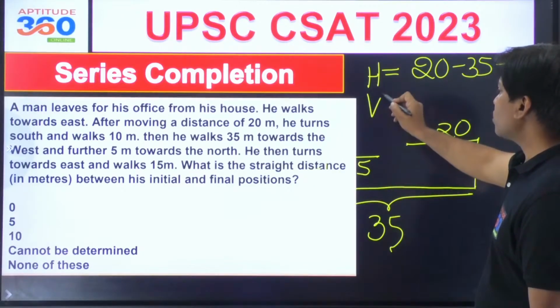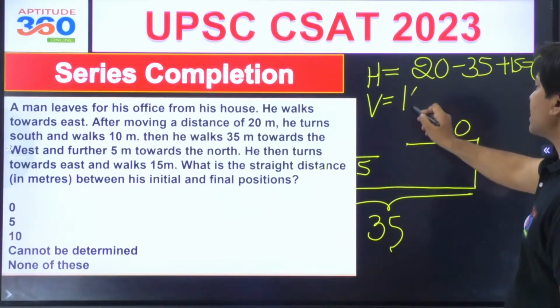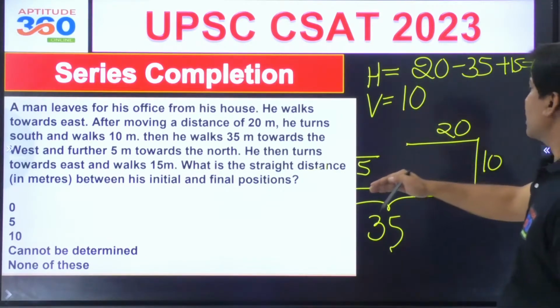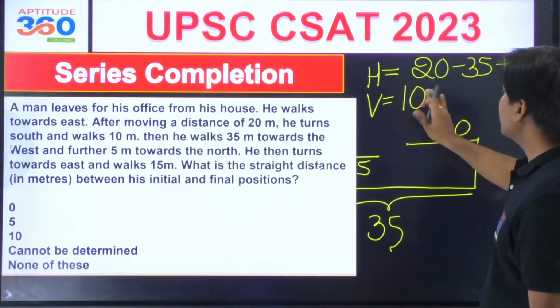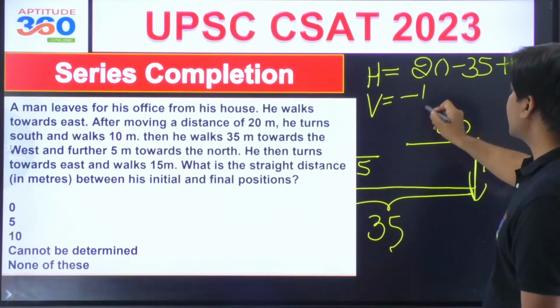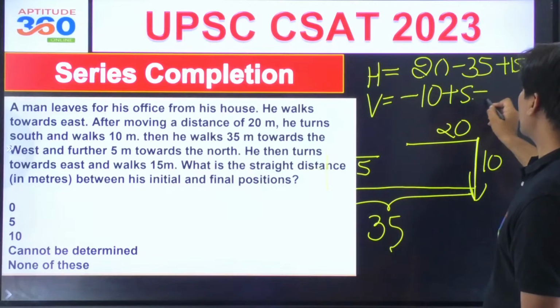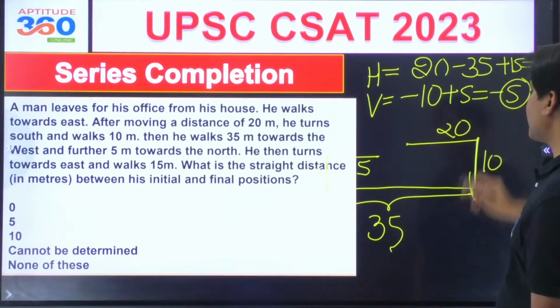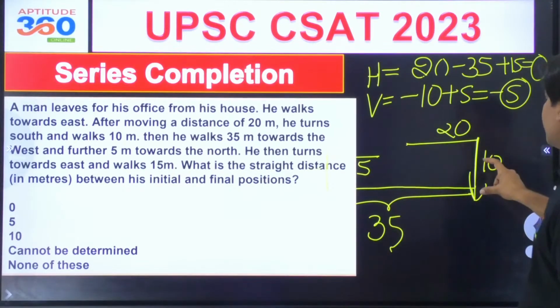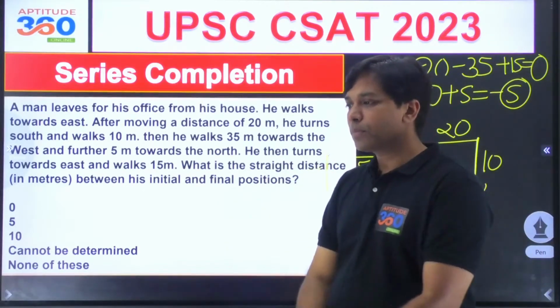What is going to be the total vertical distance? Understand this: the person goes 10 here so I'll take it as positive 10, and from here it is minus 10, and then plus 5. So what is this distance out here? Still minus 5. What is the meaning of minus 5? Wherever this gap remained.